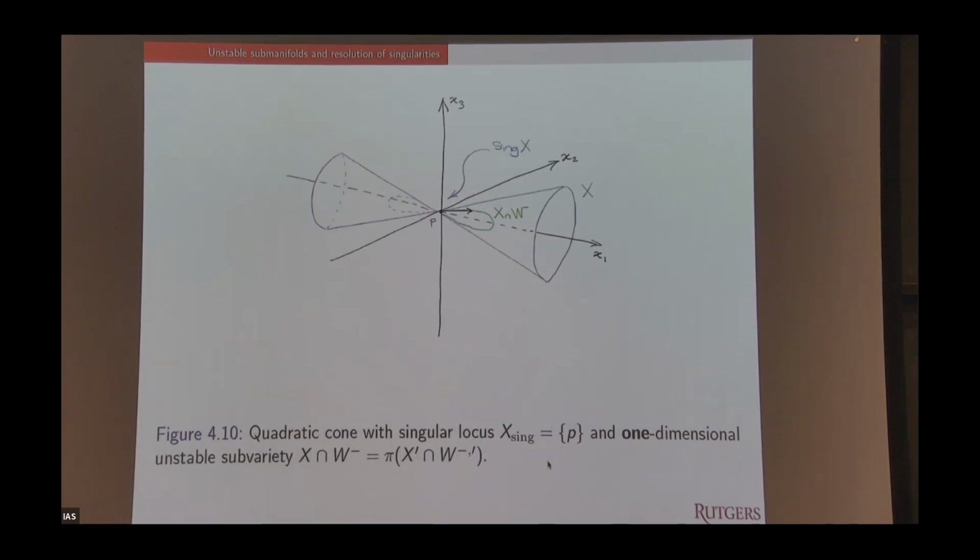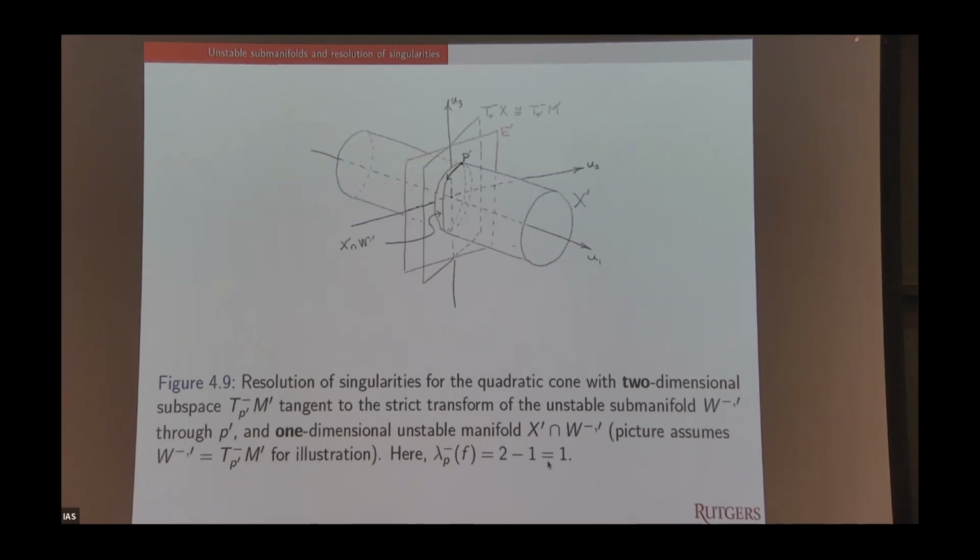Now, you might go back to this picture here and object, well, what happens if this unstable manifold actually coincides on the nose with this exceptional divisor? Then when you blow down, it'll just get swallowed by the resolution morphism. And that's where this idea of quantitative transversality comes in. All you care about is that you can pull the unstable manifold away a little bit to find a copy that's close to it, but transverse to it.